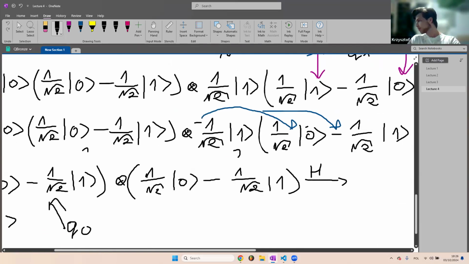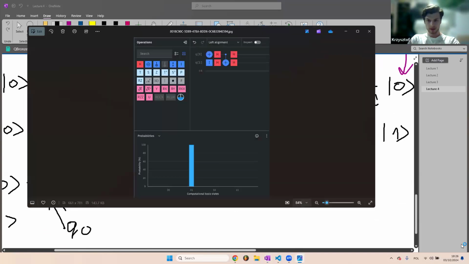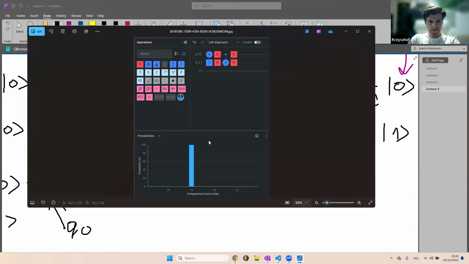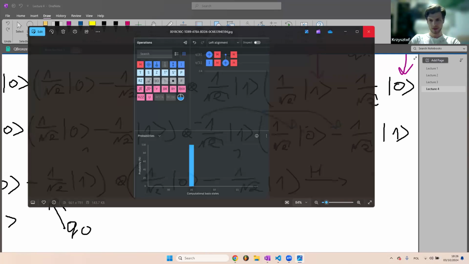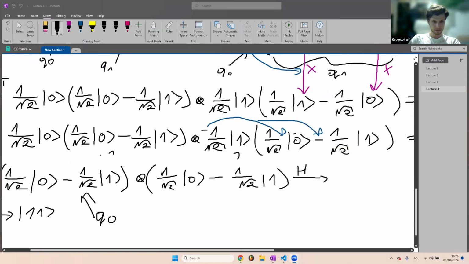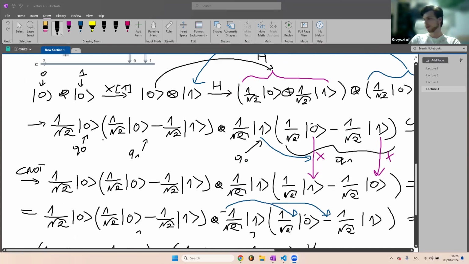I got another result from Qiskit Composer as 0, 1. Because here we have some different gates. Identity, this is X1. But I think you missed here, this is the same Qiskit Composer. I don't know what it is.